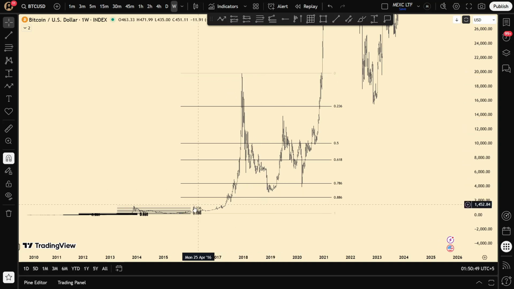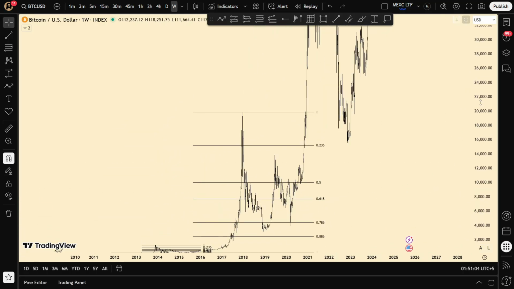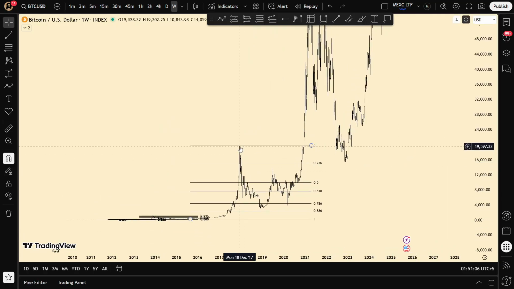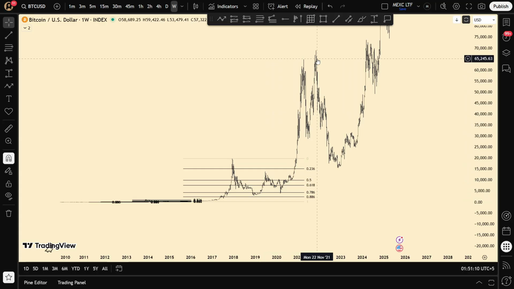Almost there. The whole cycle does this. And then we start getting a break of structure again. This drop was because of the COVID-19. And what happened then, we broke the previous all-time high and we posted an even bigger cycle.